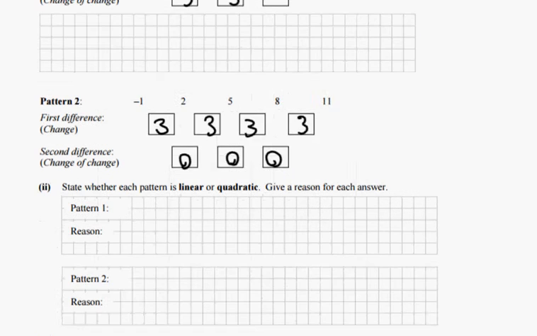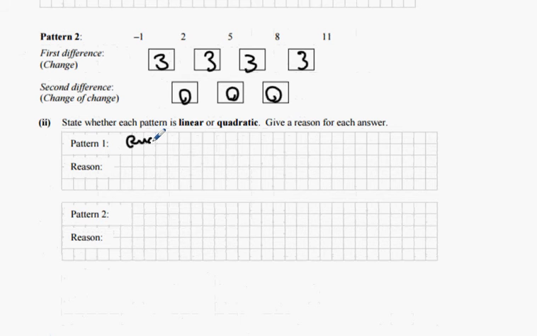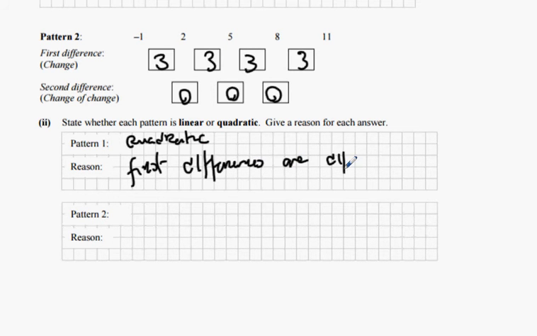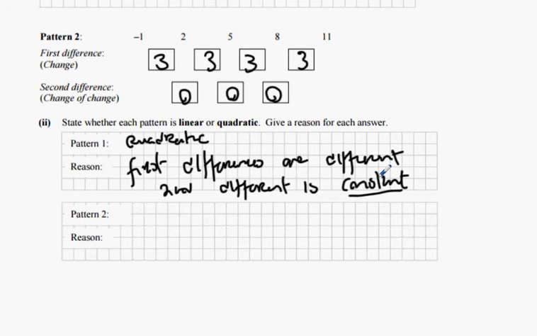So that means it's a quadratic, and the reason why it's quadratic is first differences are different. Second difference. Who said the word constant? That's a good word. Constant is the same thing as saying the same.